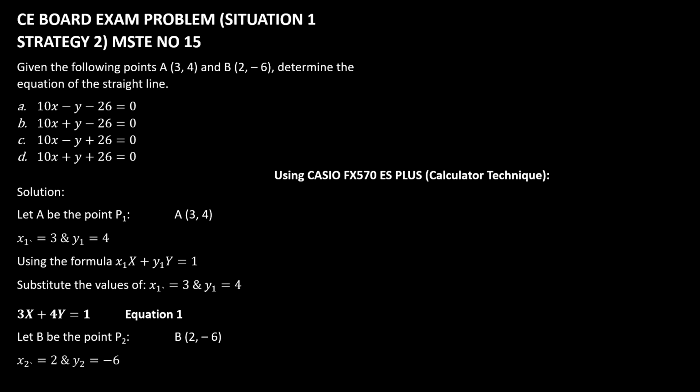Right after having our equation 1, let us now find our equation 2. Let B be the point P sub 2, wherein point B we have (2, -6), with 2 as its abscissa and -6 as its ordinate. By inspection, we now have x sub 2 equals 2 and y sub 2 equals -6.